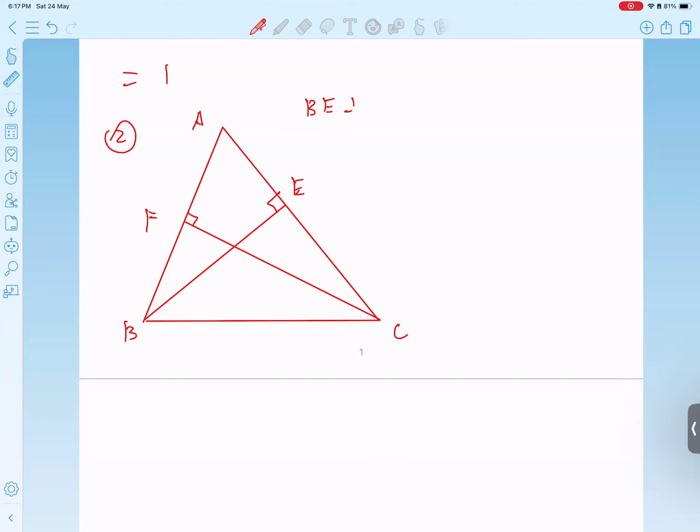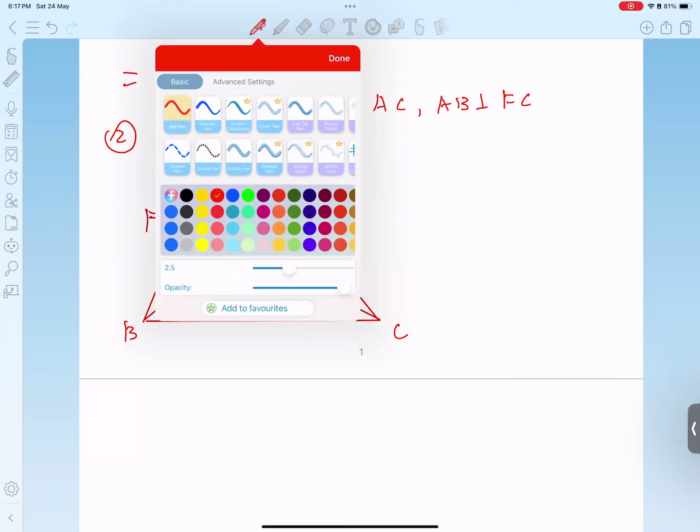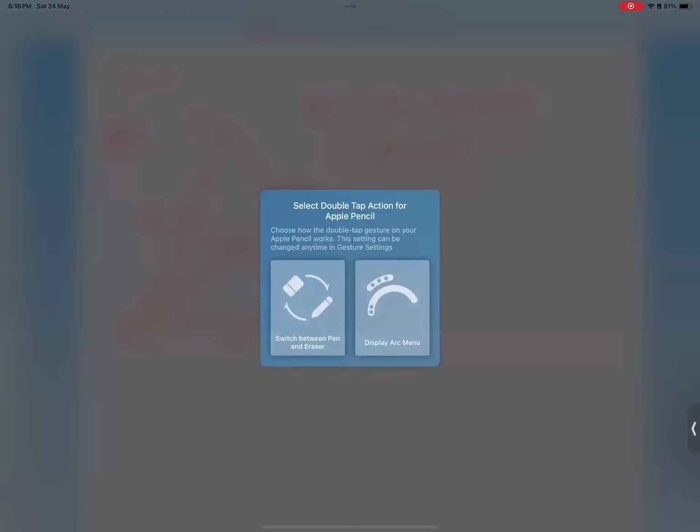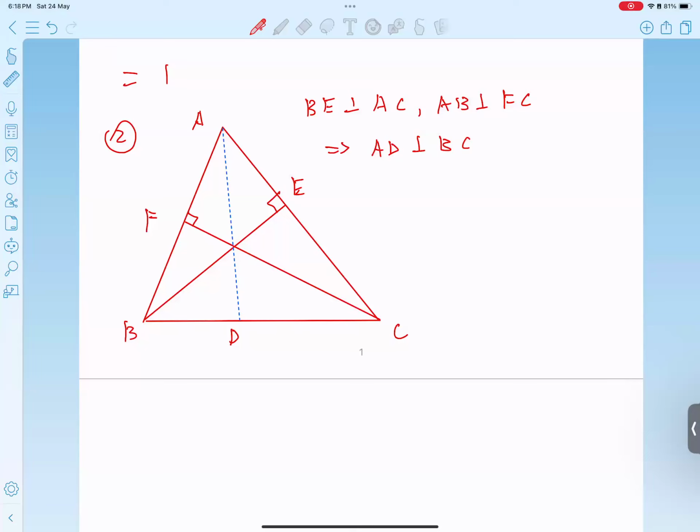So BE is perpendicular to AC and AB is perpendicular to FC. Suppose this is true, but I want to prove that AD is perpendicular to BC. And if I can establish that, I prove that these three lines are concurrent.